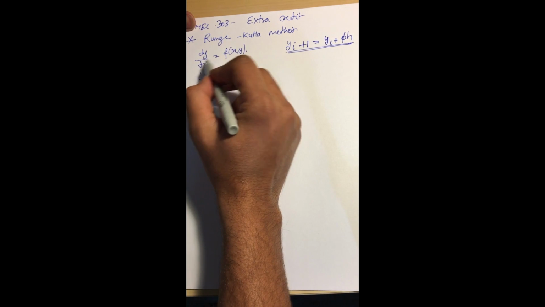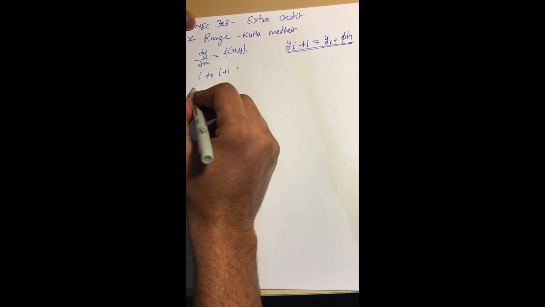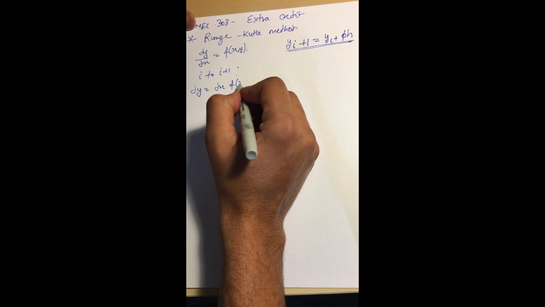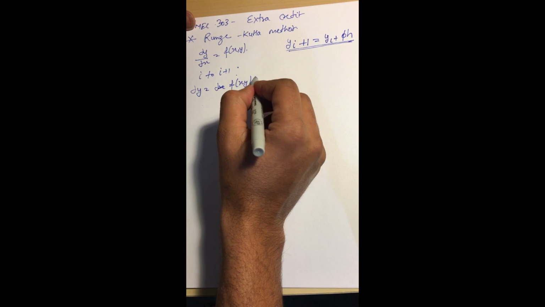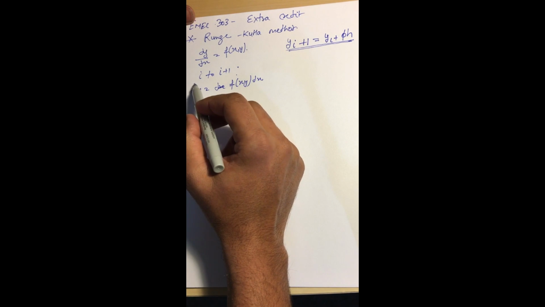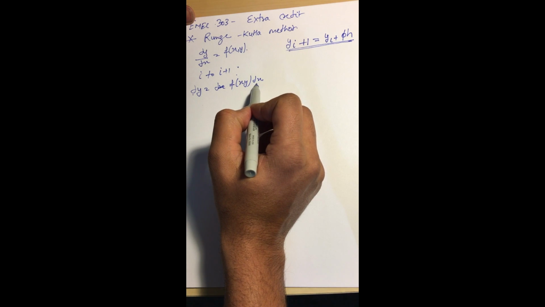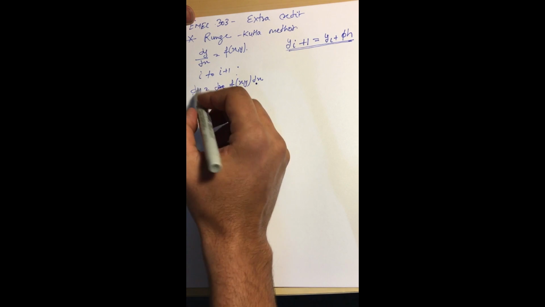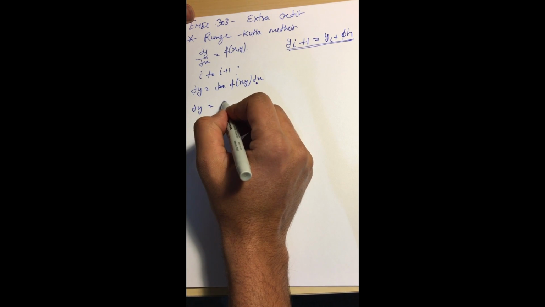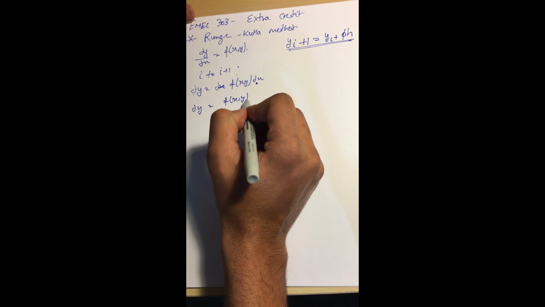We can separate this equation, so dy equals f(x, y) dx. Now we can integrate both sides from i to i plus 1.